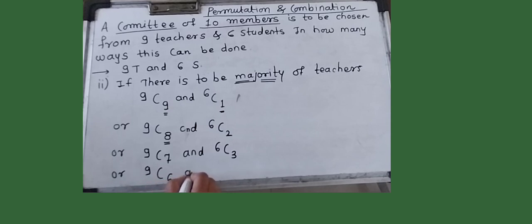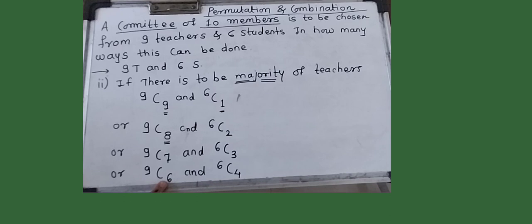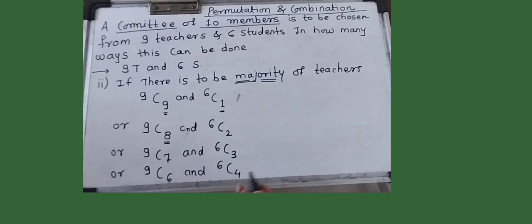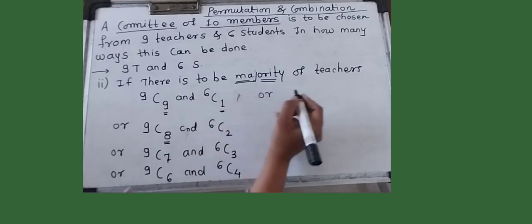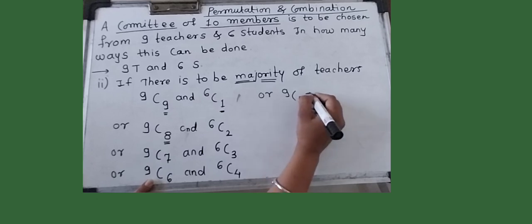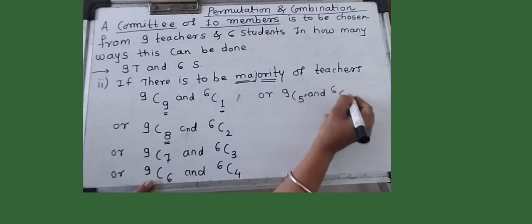Or 9C6 and 6C4. 6 teachers, remaining 4 from students. Clear. Here majority of teachers is there, remaining 4 from students, and 6 plus 4 is 10. Condition gets satisfied, majority condition also satisfied. Or we write here 9C5 and 6C5.